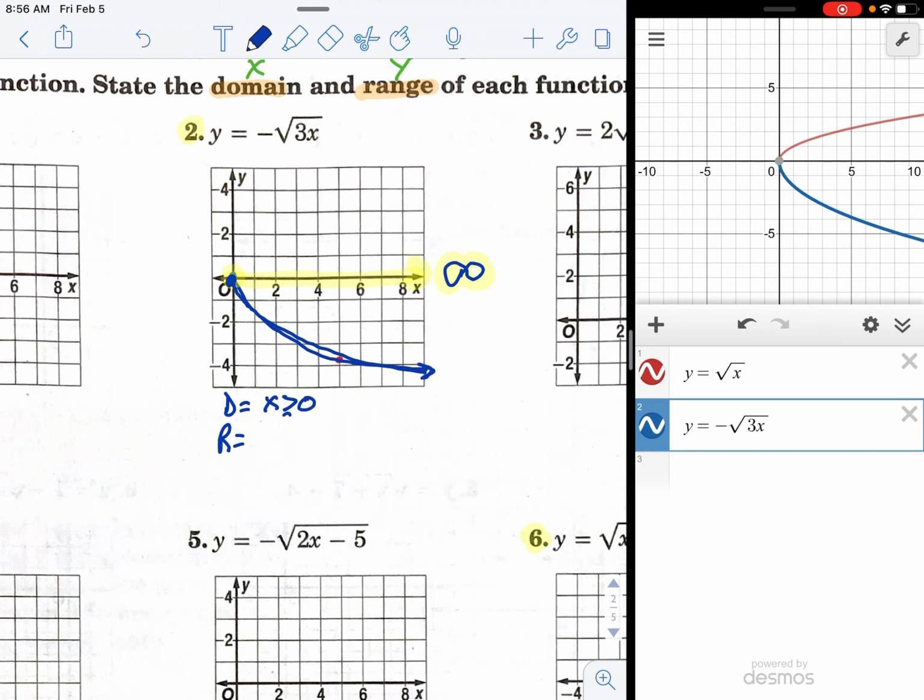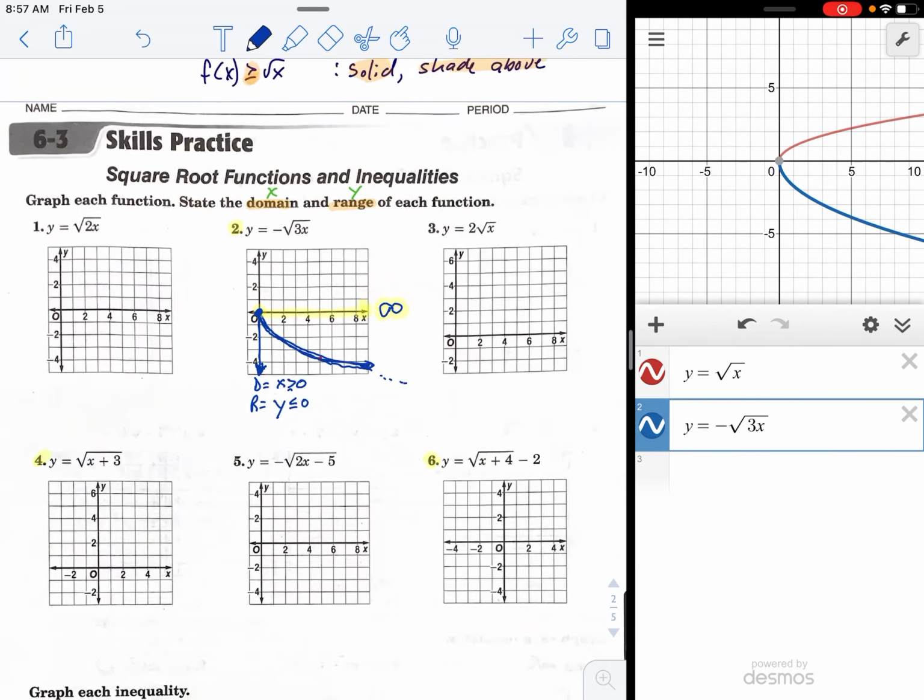The range is the y values. The y values of this graph start at 0 and they go down forever, right? That arrow, even though it looks like it levels off, does keep going down forever. So in that case, y is less than or equal to 0. 0 is the highest number, and it goes down forever.